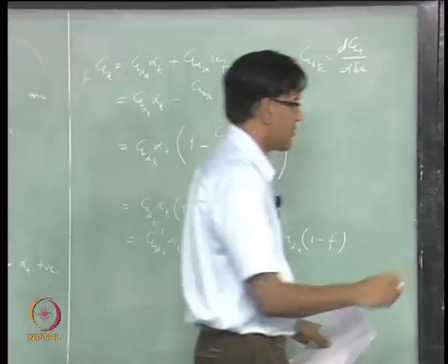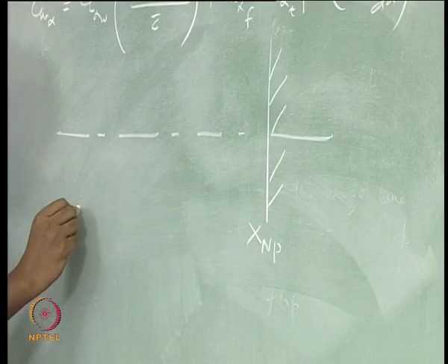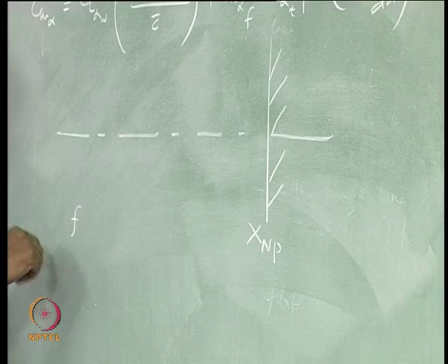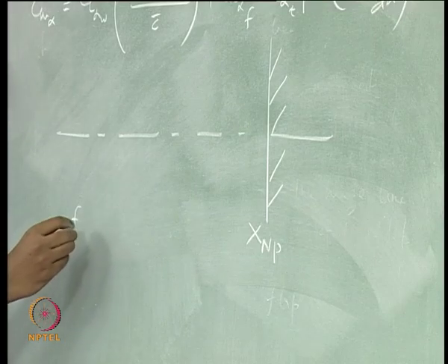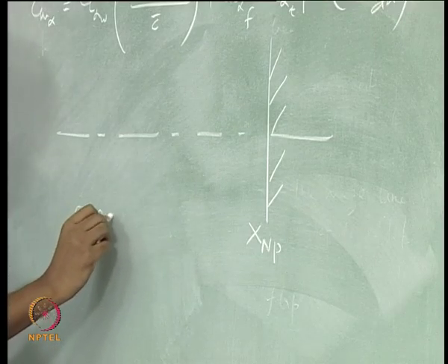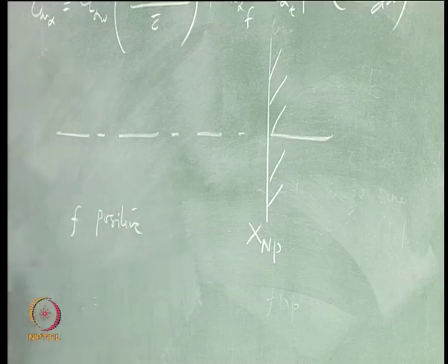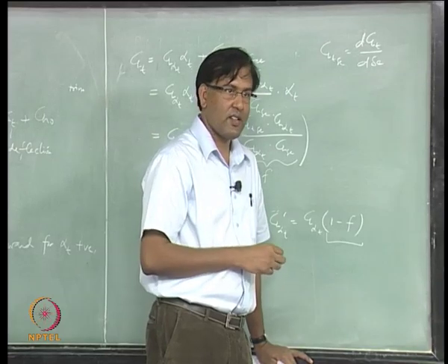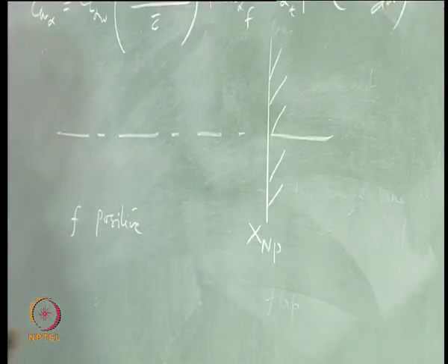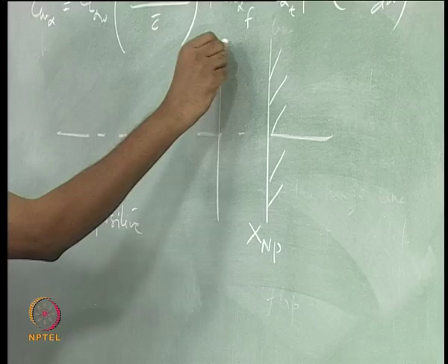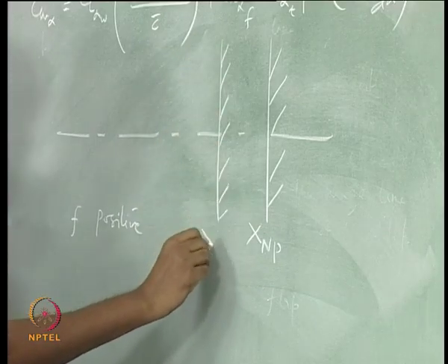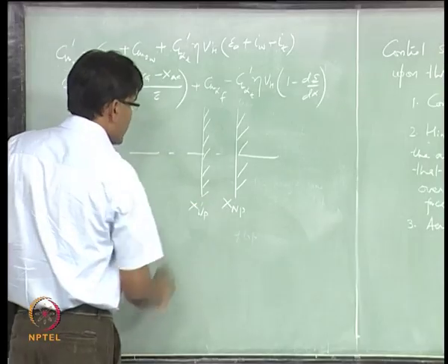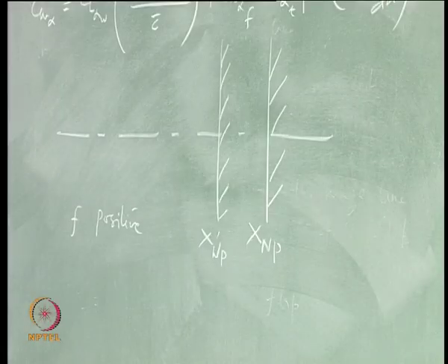If f is positive, then this 1 minus f is positive and lesser than 1, right. Then you are going to see a reduced stability margin, right.